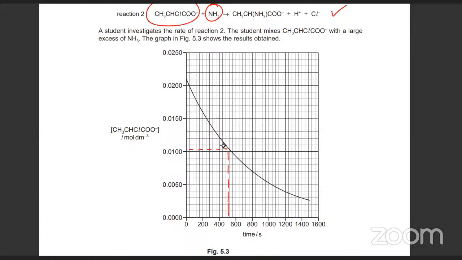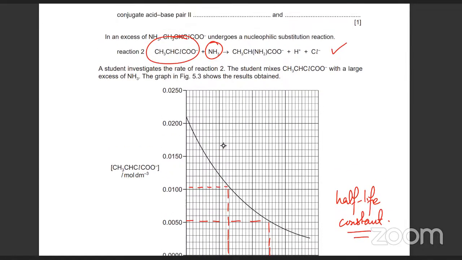And what's the second half-life? Probably this one. So by just looking at it, the half-life is constant. So that indicates that this first one is order 1, because you have a constant half-life.